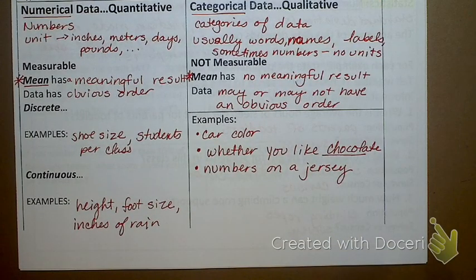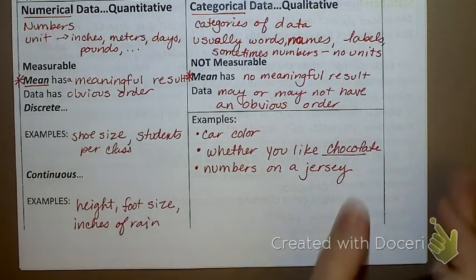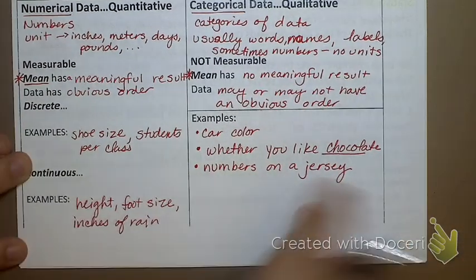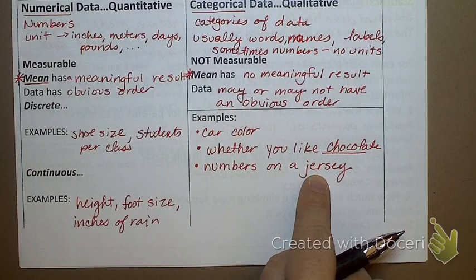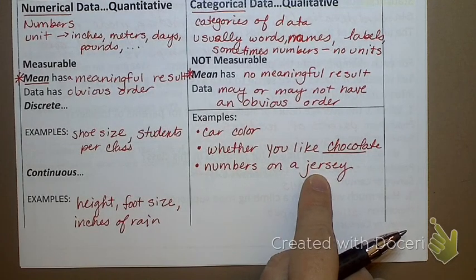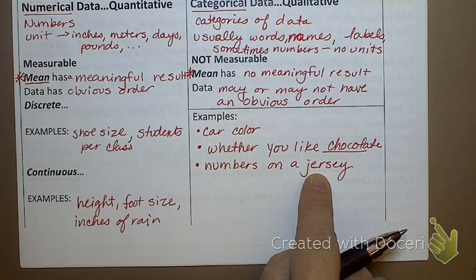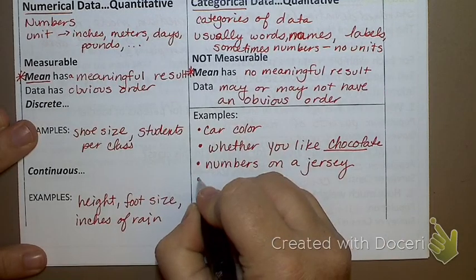It means nothing. If I say the average number on a high school football jersey is 52, that doesn't mean anything. Who cares? It doesn't make any sense to be talking like that. Okay? So those ones, even though it is numbers as answers, there's no units to it, and the mean has no meaningful result.